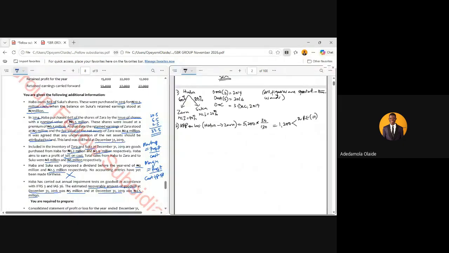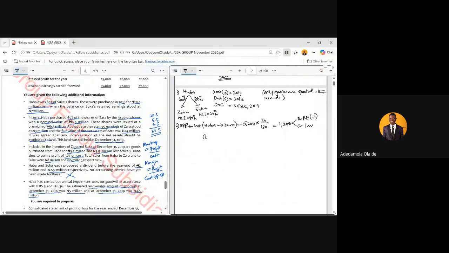And we are saying, since the goods is here to be sold, the goods is still inventory to the entire group. So Abba should not recognize that portion of profit. So we'll debit it to retained earnings to reduce it back from the retained earnings of Abba, and we'll credit it to the consolidated inventory so that we reduce the inventory amount to the cost price.